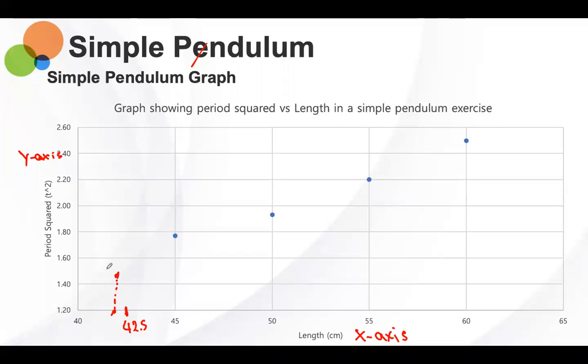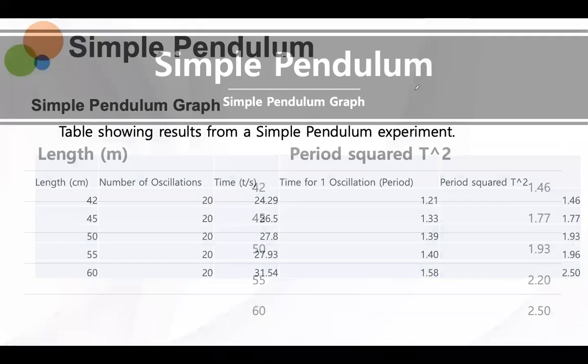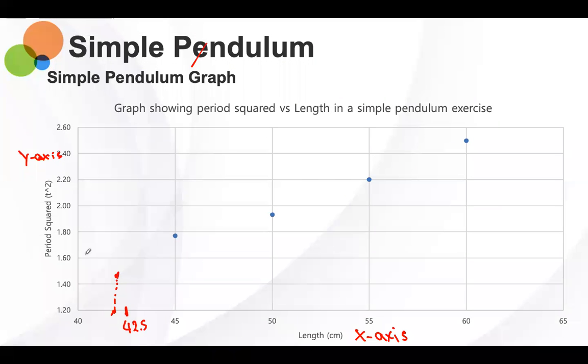Now, the next value is 1.46, which would be our period squared. Period squared goes on the y-axis. So what is in the middle of 1.4 and 1.6? 1.5.